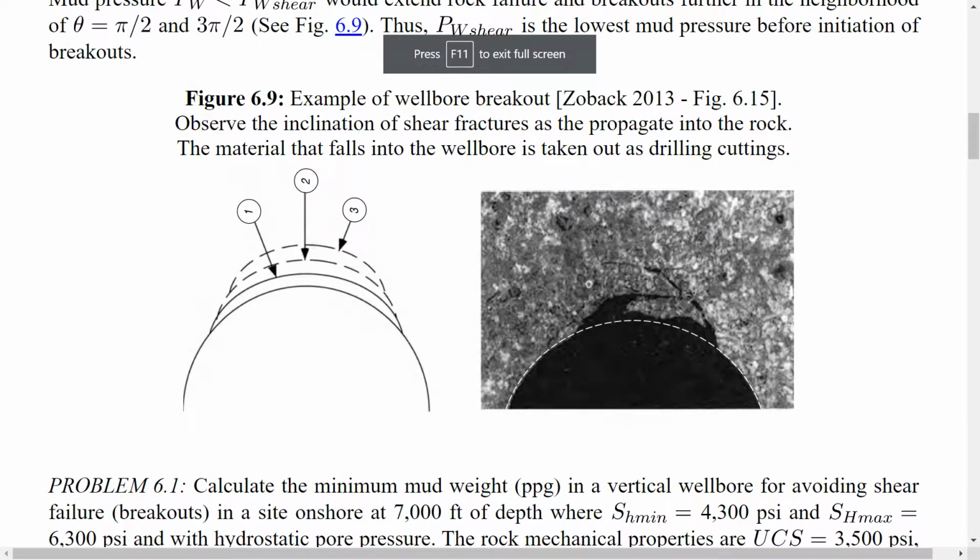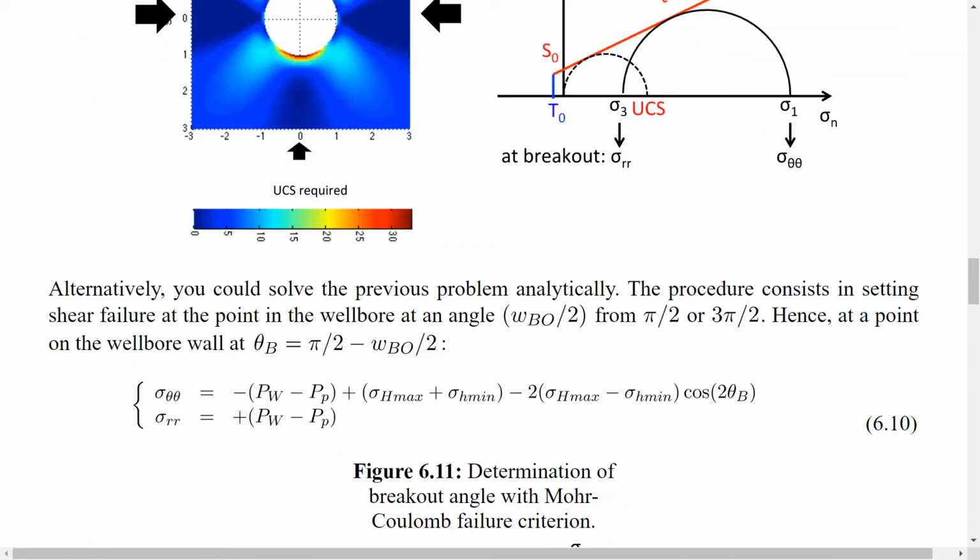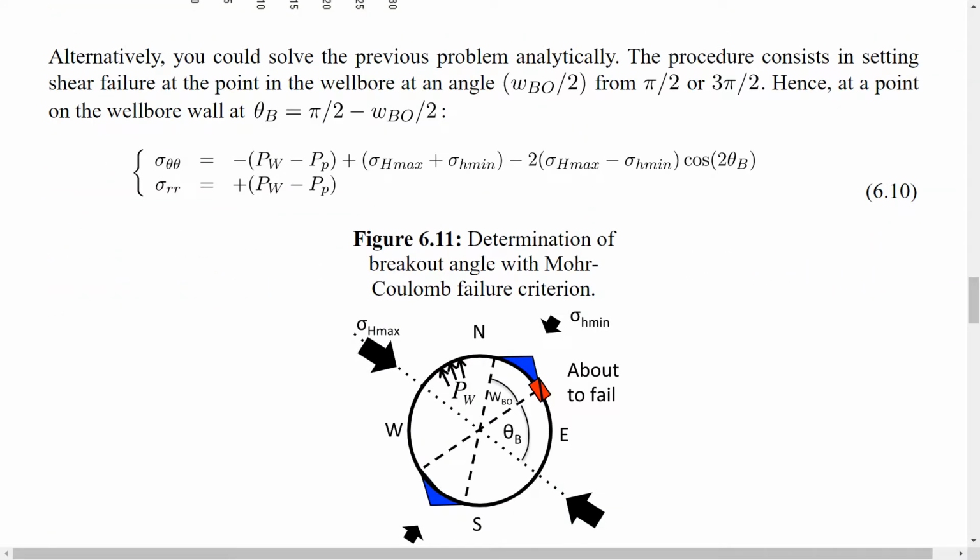When the rock starts to fail at a point like somewhere over here in the middle, then that rock goes away, and what takes the stress is the rock around it. And if that stress is large enough to fail the rock around it, it starts growing and growing. But there might be a point at which that becomes stable. And the point at which that becomes stable is what determines what is called the angle of the breakout.